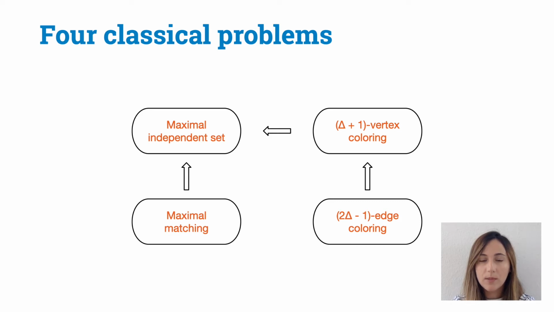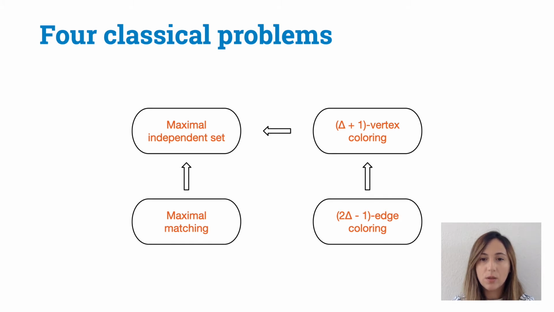These four problems are related to each other. In fact, for example, 2 delta minus 1 edge coloring is a special case of delta plus 1 vertex coloring, as 2 delta minus 1 edge coloring is just a delta plus 1 vertex coloring on the line graph. Also, we know that if we have an algorithm for solving MIS, we can use it to solve vertex coloring.